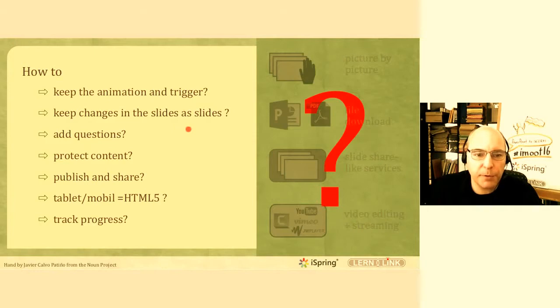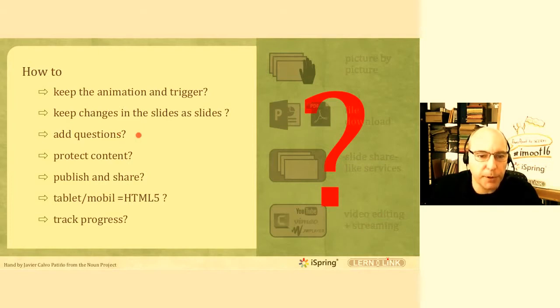If you want to keep the changes in the slides and not somewhere else, does this solution help you when you have produced all the pictures and you want to change something in the slides? You have to maybe upload a number of pictures again. Of course, this solution with downloading PowerPoint might help to keep triggers, but has other backdoors.